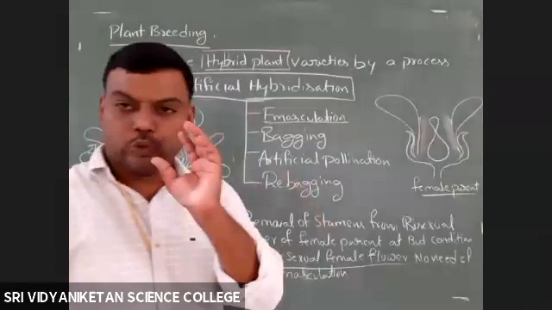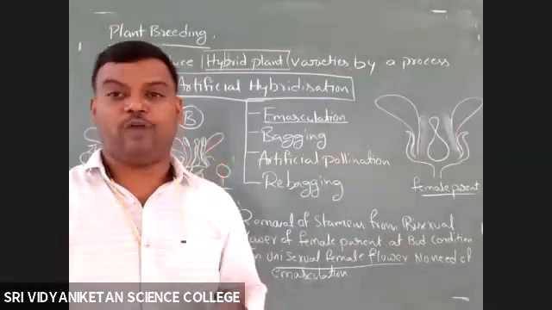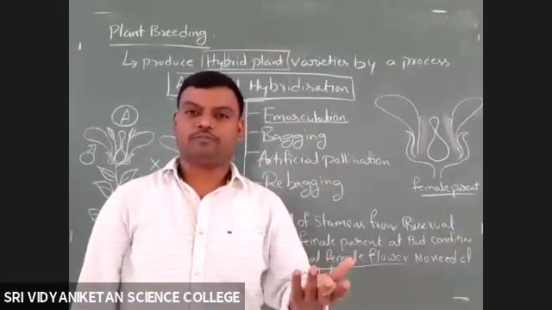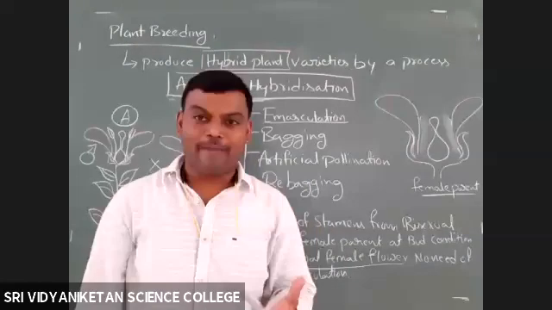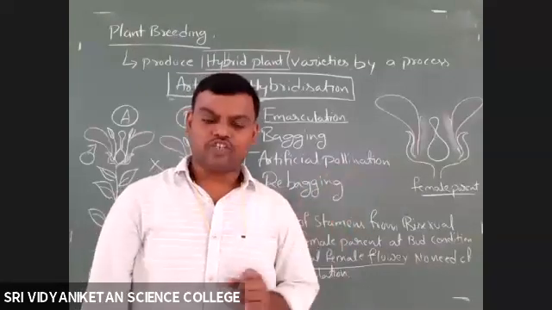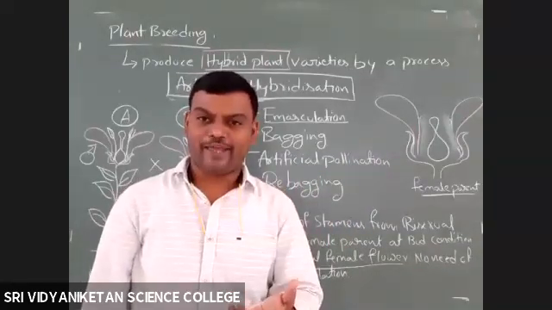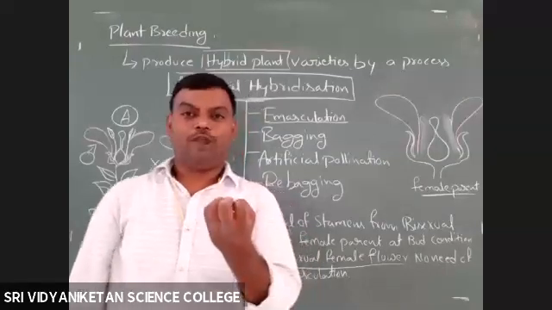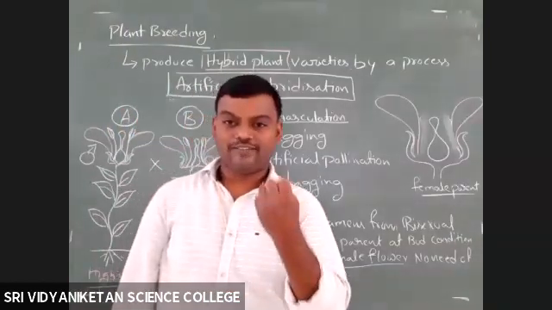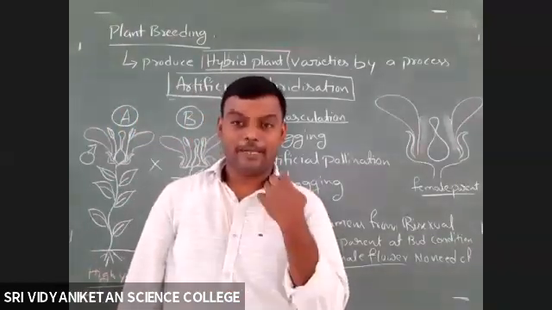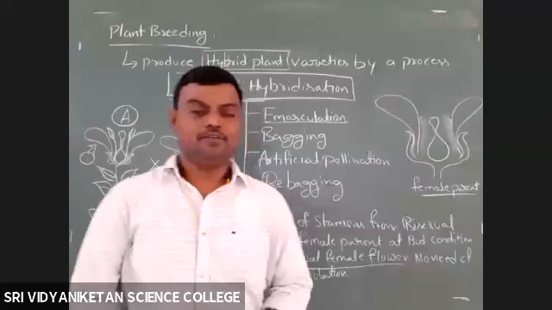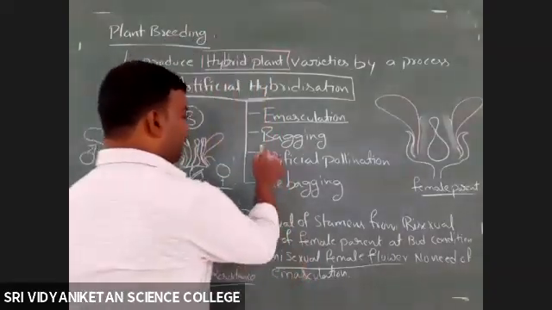There is no chance to receive pollen grains of the same flower, but when the flower is open there is a chance of receiving pollen grains of other flowers, and the stigma becomes contaminated by receiving unwanted pollen grains. So after emasculation we perform bagging.